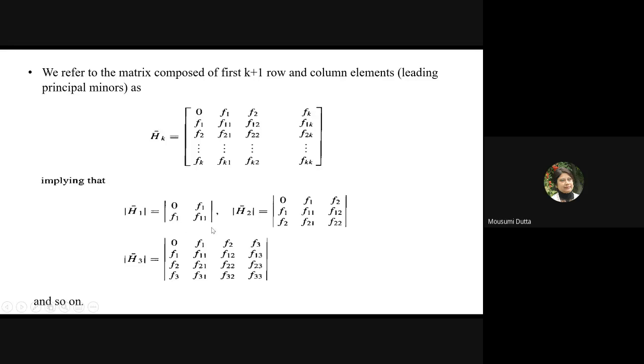If you can remember this, that's more than sufficient. You can generate several H1 bar, and you can generate a number of 2 by 2 and 3 by 3 determinants. The same thing which you did in the context of the Hessian, only now you are putting the border.